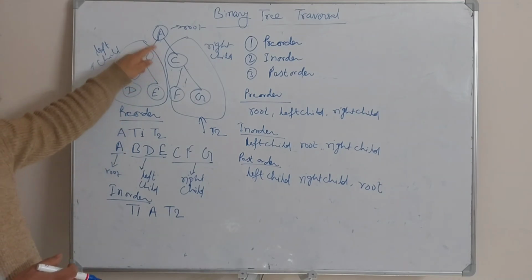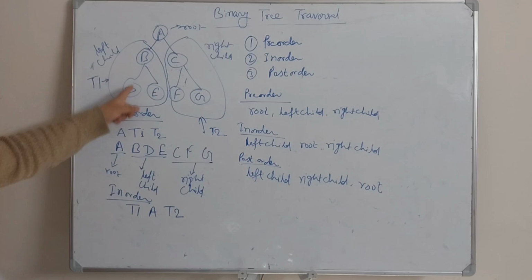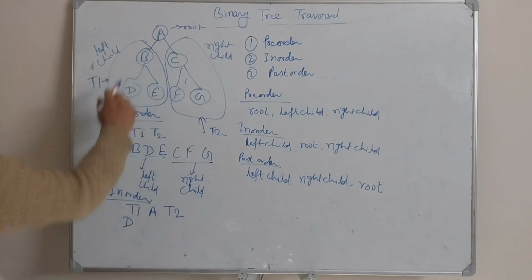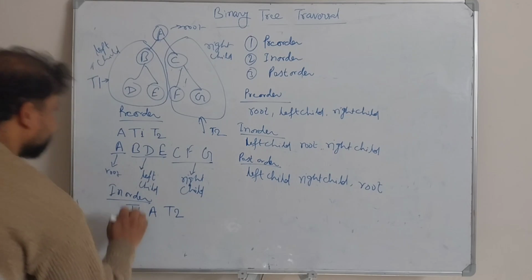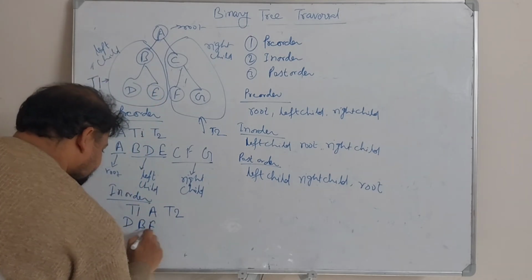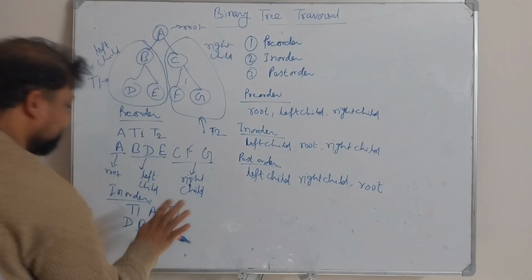Clear? So once again for T1 I have to follow the in order. In this T1, left is D, so D will be there. It is not a subtree. If it were a subtree, I would again do the same thing in a similar manner, but it is not, so I'm directly writing D. Then it comes to the root B, and then right, which is E. And now A stays as it is.